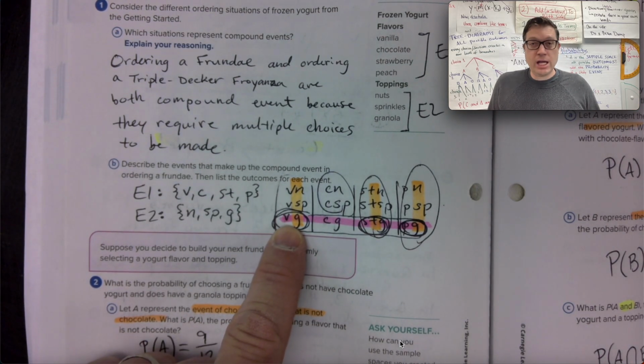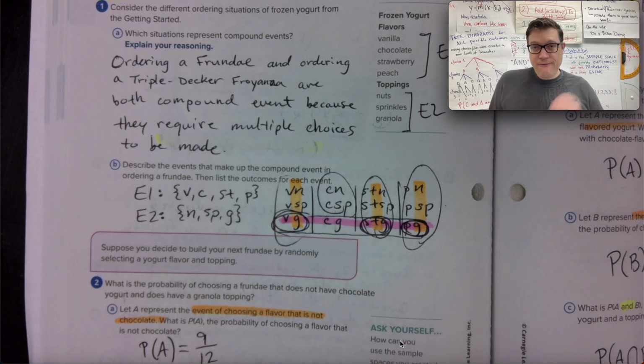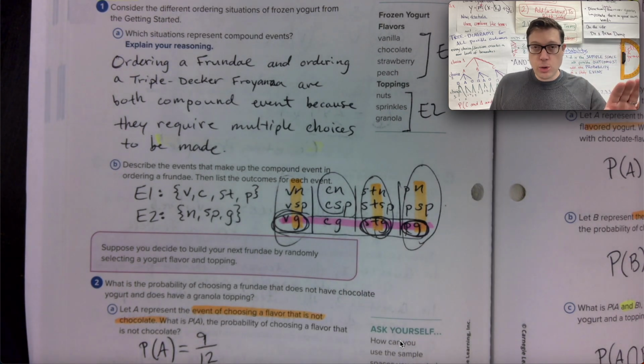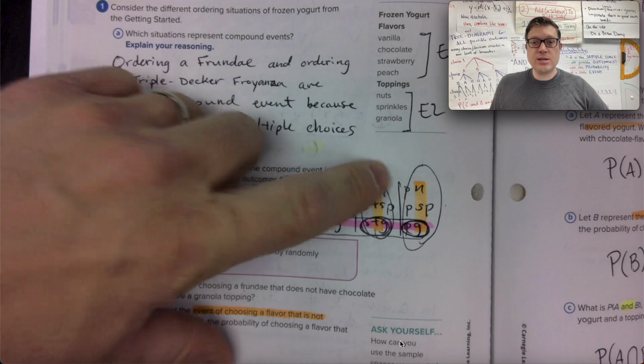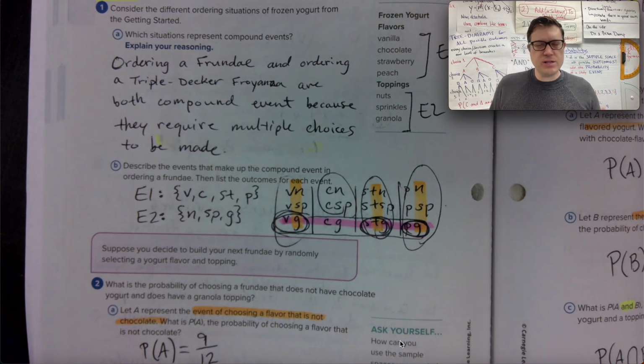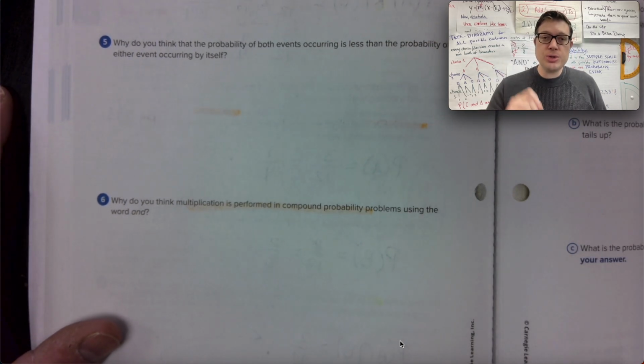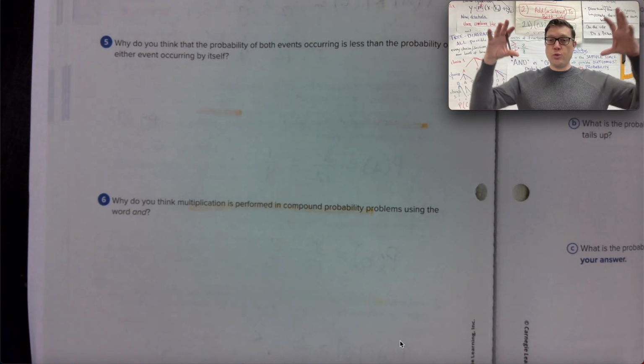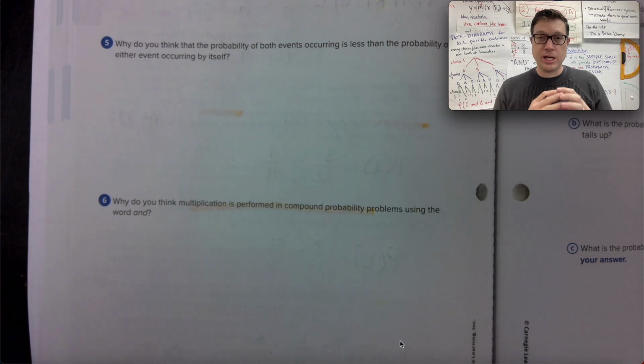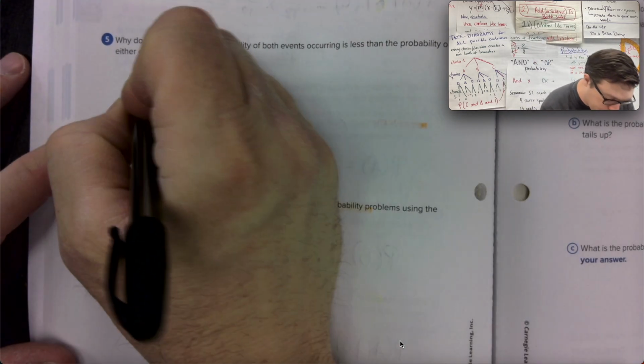So there are way less events that fit that criteria out of the total than there were events just solo by themselves. Because we are using the word and, we are dramatically reducing the number of available options.